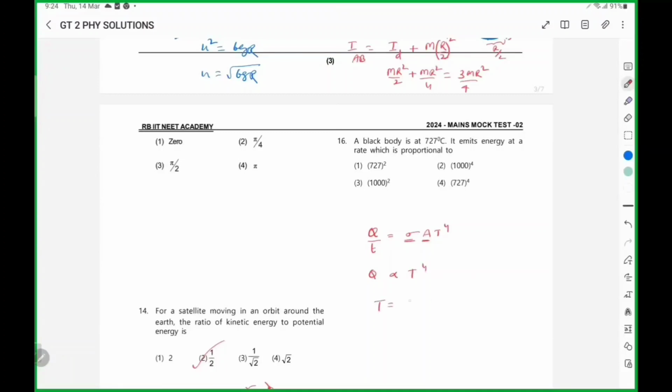T is here absolute value, 727 plus 273, which is 1000 Kelvin, 10 cube. So amount of energy radiated is 10 cube power 4, that is 1000 power 4.